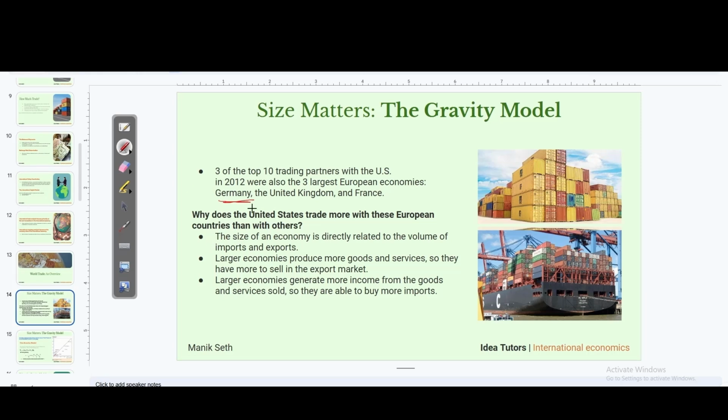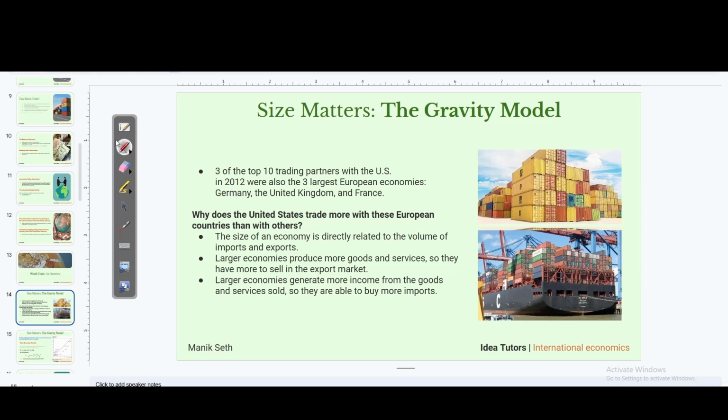Similarly, the UK has a robust financial service sector and high-tech industries. And France is known for luxury goods, agriculture and aerospace. So they have their USPs. They have certain things in which they are specialized, and they have technology to produce more, and thus they are able to trade more.